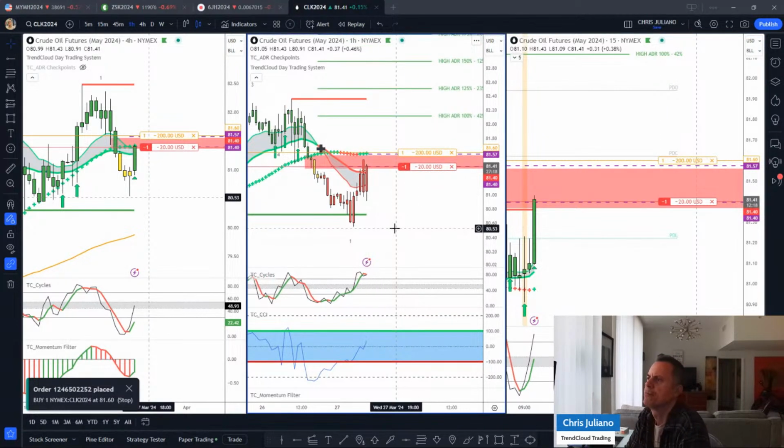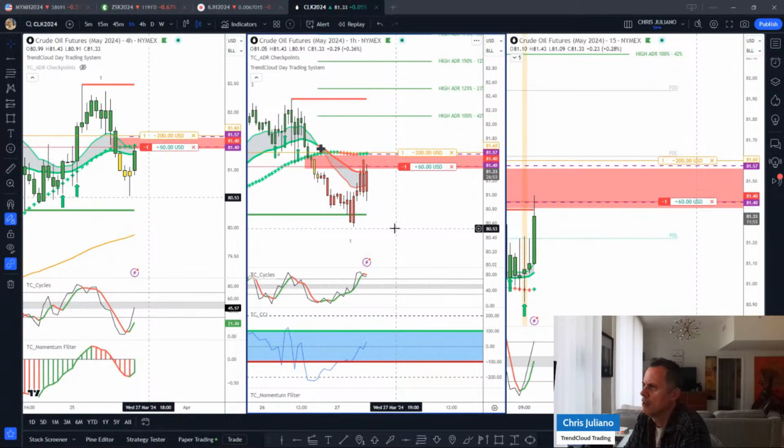Expensive. Very expensive stuff. We're not going to go over the $200 risk. If we can survive this, we've got quite a nice little trade here.